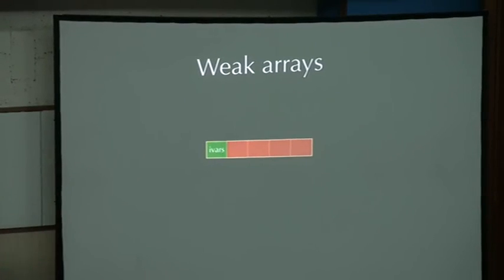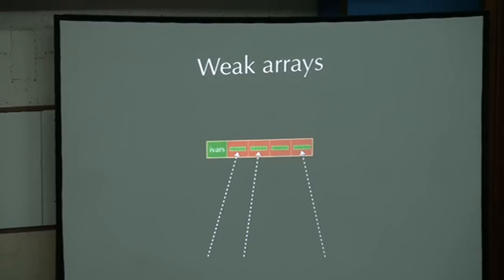And what happens with these guys is that, suppose you have some objects stored in the weak array, and at some point one of those objects is no longer referenced. Well, because it's a weak reference, then the garbage collector comes over and says, oh, that's very nice, but not anymore.